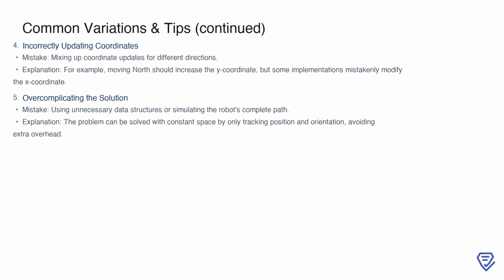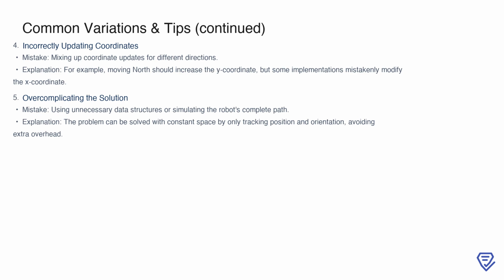Another frequent mistake is incorrectly updating the robot's coordinates. For example, moving north should increase the y-coordinate, but if your implementation mistakenly modifies the x-coordinate instead, it will lead to incorrect results. To avoid this, always double-check that your coordinate updates align with the intended direction. Another pitfall is overcomplicating your solution.